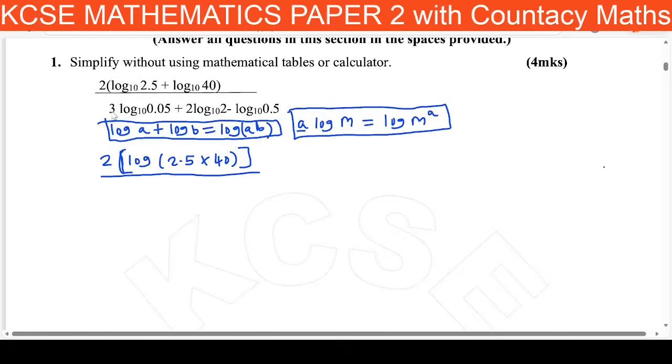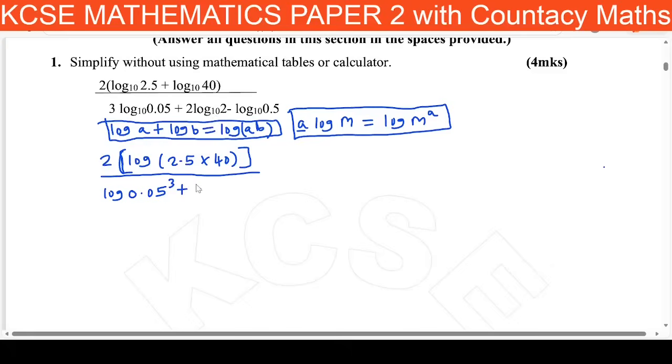So when you've got this case 3 logarithm of 0.05, this one will be equivalent to the logarithm of 0.05, and then we pick this 3 and we place it here at the power, and then we go ahead with the question. So we'll have it plus 2 logarithm 2.